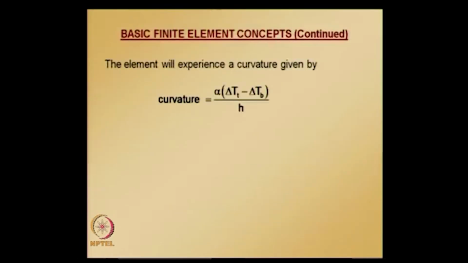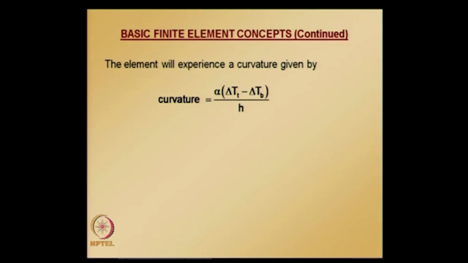The curvature which this element experiences is given by this expression, which depends on the temperature change at the top surface of the beam and the temperature change at the bottom surface of the beam, and also the coefficient of thermal expansion and the depth of the beam.